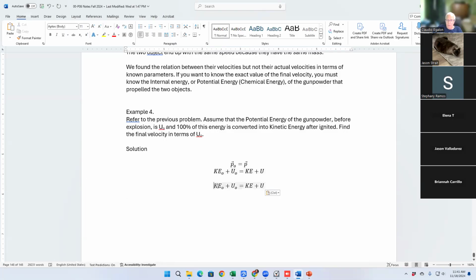Consequently, I can put a 0 right here. Once the potential energy of the gunpowder is expended, there's nothing else left, so the final potential energy of the gunpowder is going to be 0. Okay? And now we can start solving our problem.